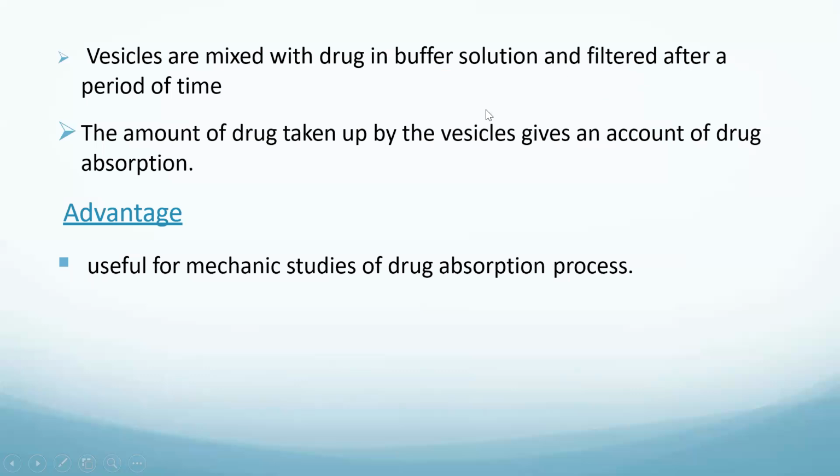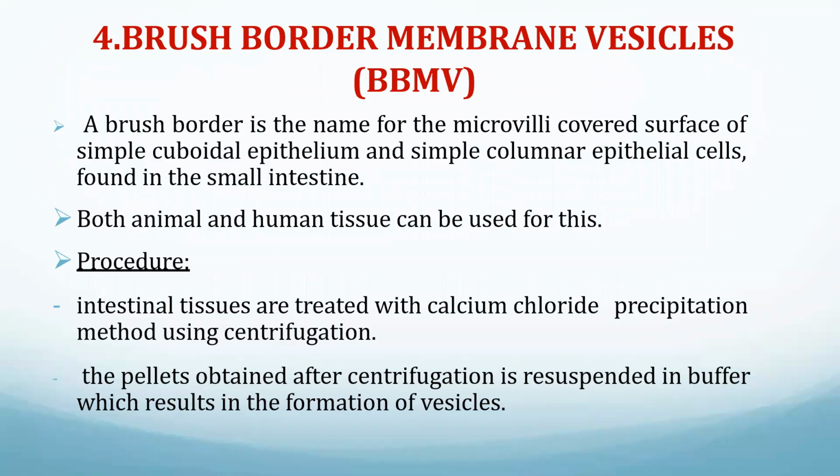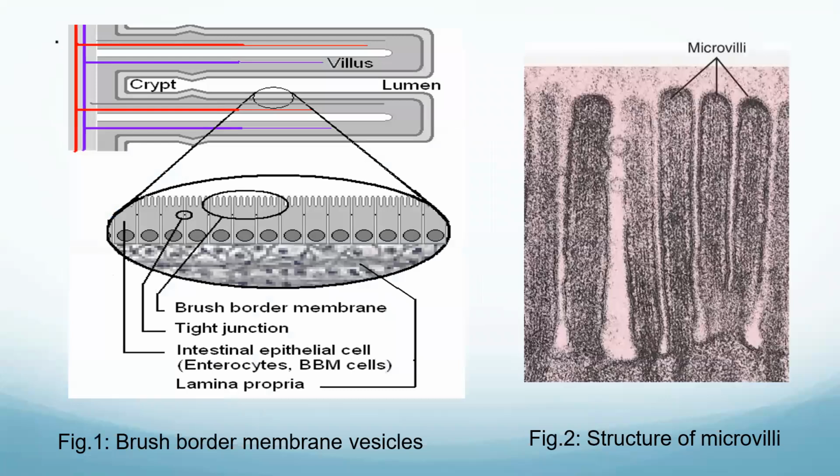Then we can determine the amount of drug taken up by the vesicles, and from that we can know the drug absorption. This is about brush border membrane vesicles. This is also an important question you may expect for 4 marks. You need to draw this figure.